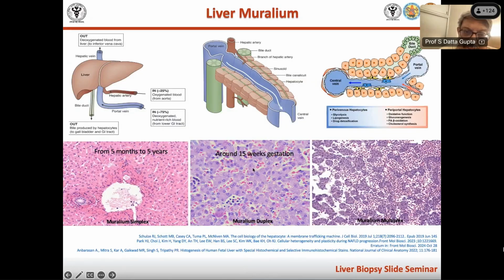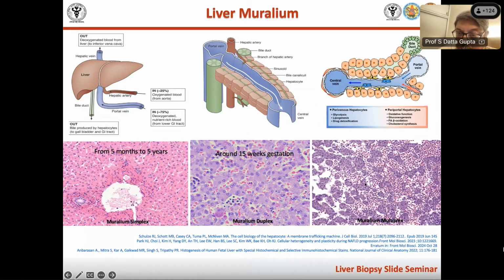From 15 weeks of gestation to about 5 months after birth, you may find cords 2 layers thick. This is normal. This is called muralium duplex.